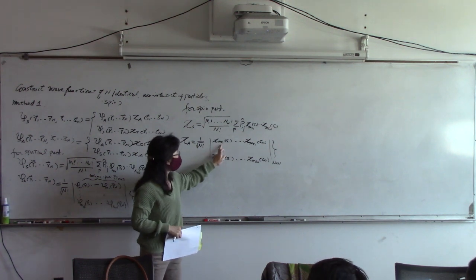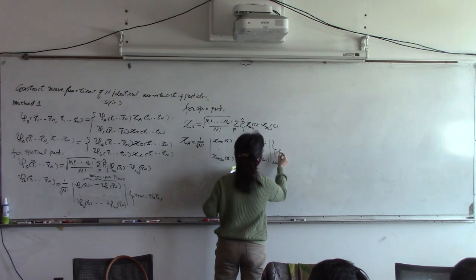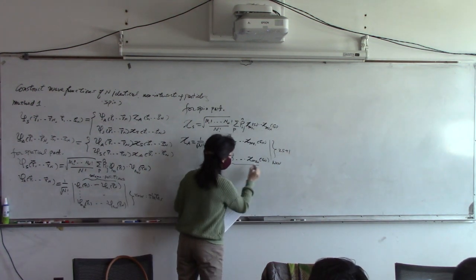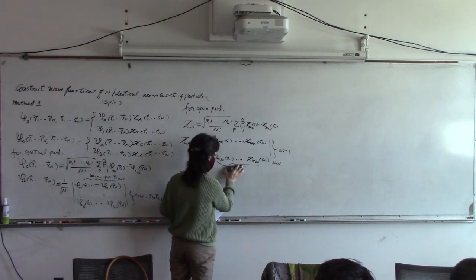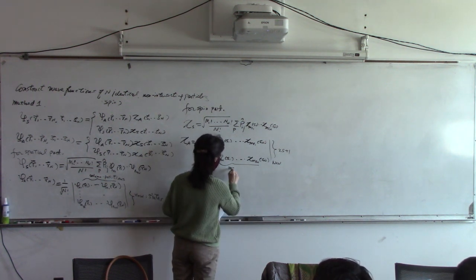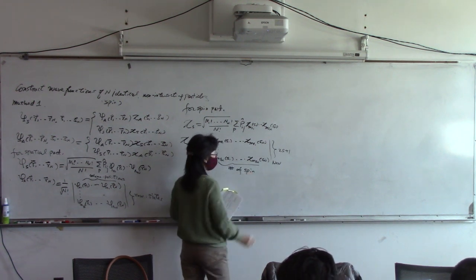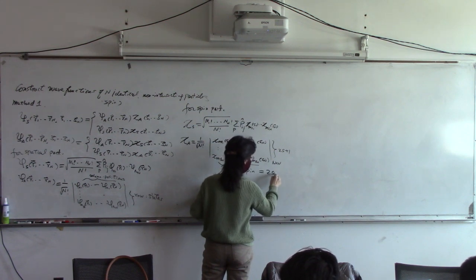So the ms is 2s plus 1, right? So that is 2s plus 1 states. Then the total number here is the number of spins, so this must be equal to 2s plus 1.